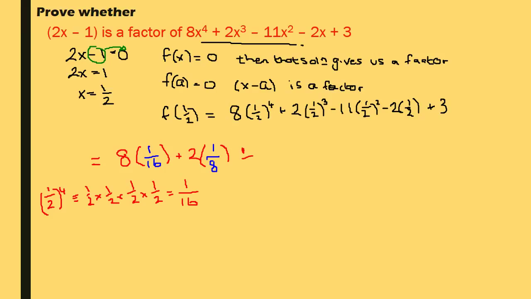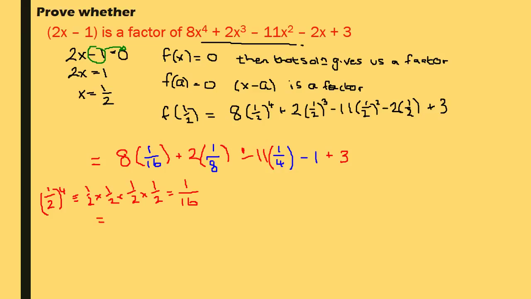Then I have minus 11 times a half squared. And when I do a half squared, I will get a quarter. And then minus 2 times a half, I'll get minus 1, and then I'll just have my original, which is plus 3.